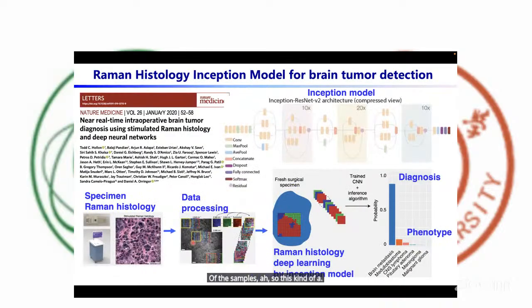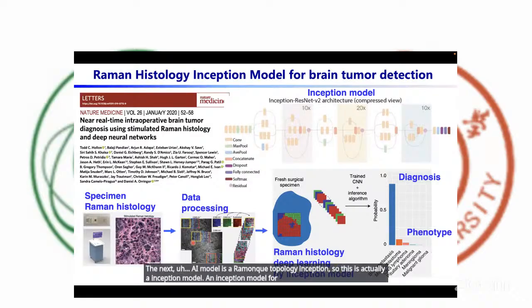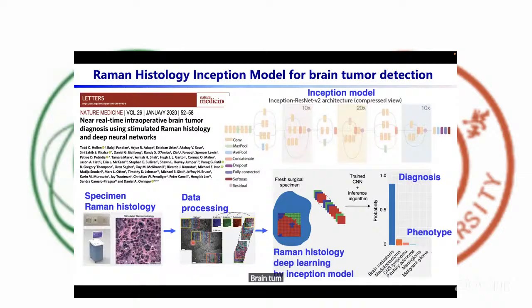Okay, so the next AI model is Raman histology inception. This is actually an inception model for brain tumor detection. It uses both the image and also Raman spectroscopy to try to detect the brain tumors.